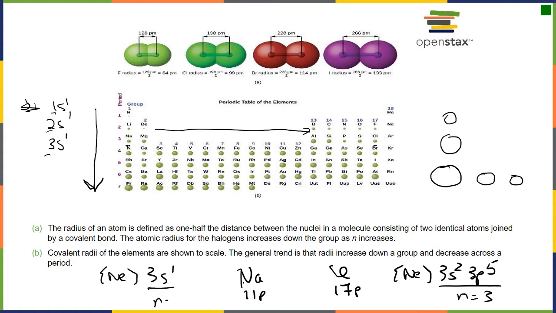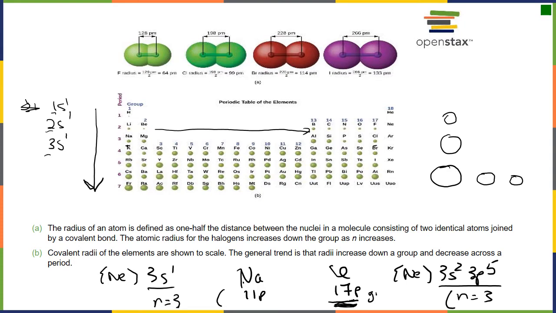Because these are in n equals 3, chlorine and sodium should in fact have pretty much the same size. But what also affects this, instead of being just the quantum number of our valence electrons, is the number of protons. The key here is that in chlorine, we have 17 protons pulling on electrons in the n equals 3, and in sodium, we have 11 protons pulling on electrons in the n equals 3.